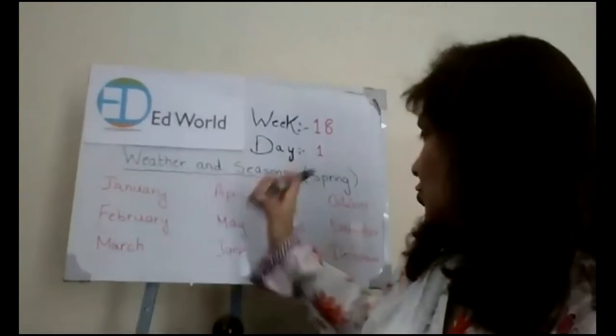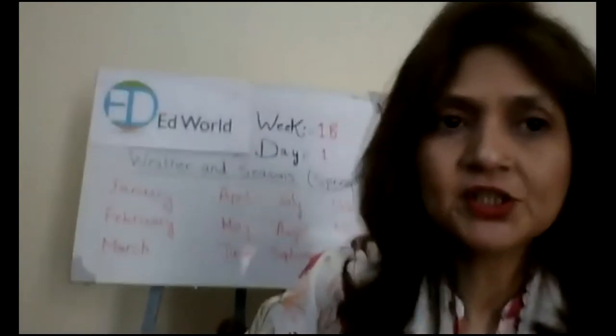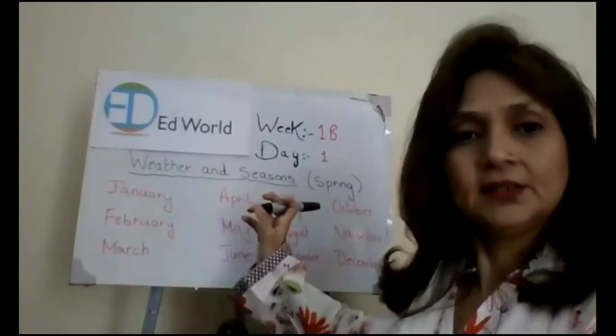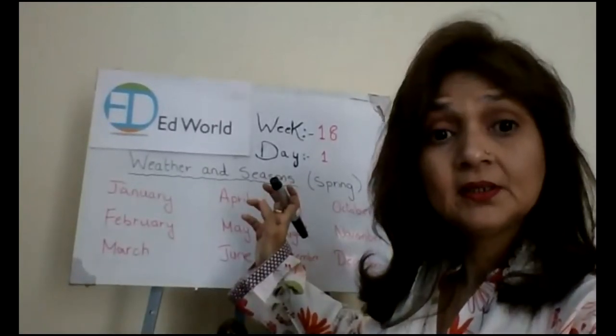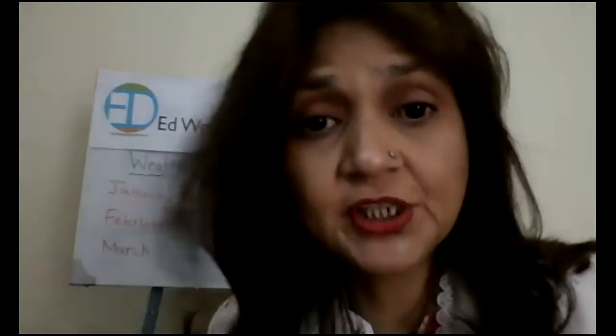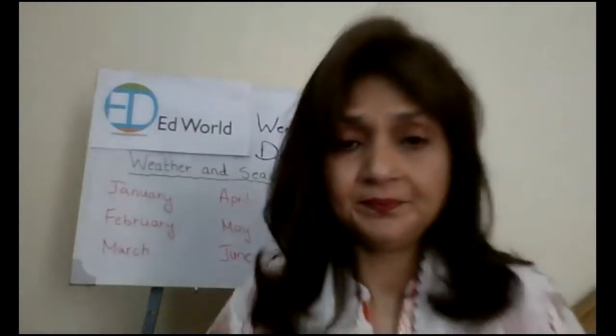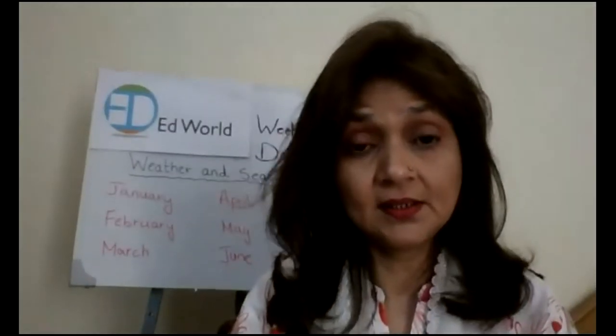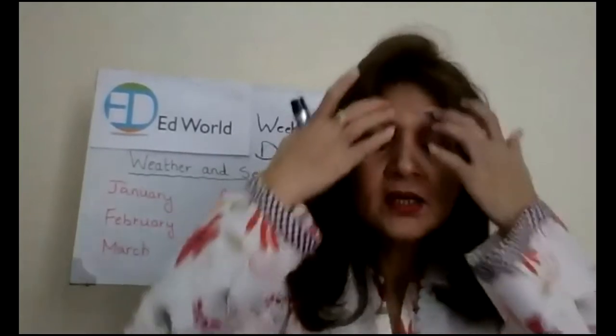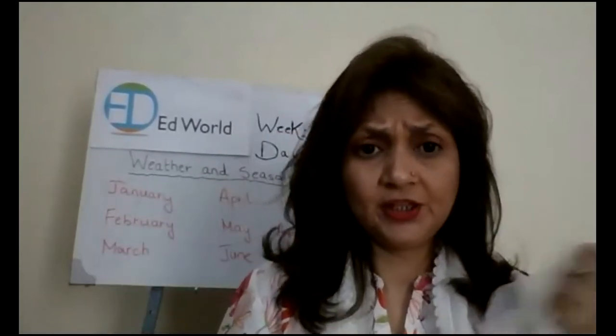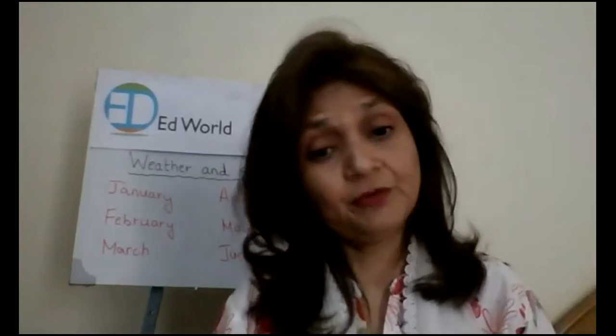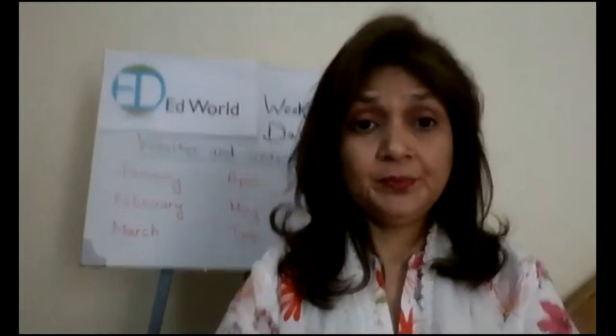What about October? No one's birthday. November, December. Your birthday comes on which date? 5th December. Okay. So what do you like to wear? You wear new clothes? Yeah, of course you wear new clothes on your birthday.